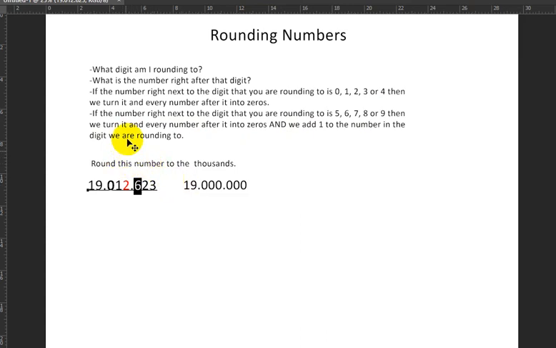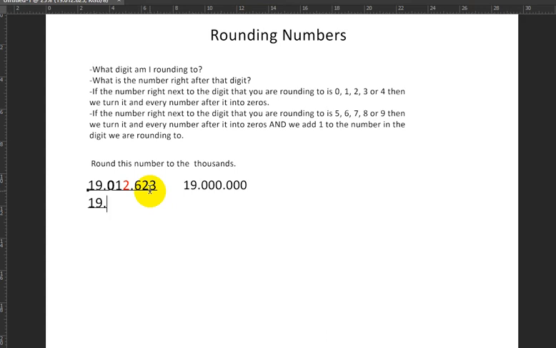Then I would turn the 6, and every number after it, into 0, and I would add 1 to the number in the digit that we are rounding to. So I would add 1 to this 2, right? All the other numbers would stay the same.